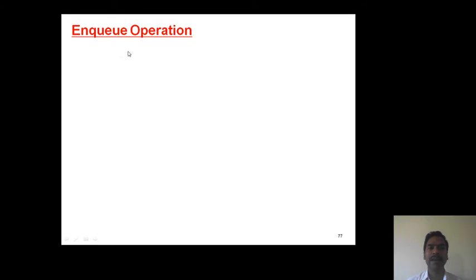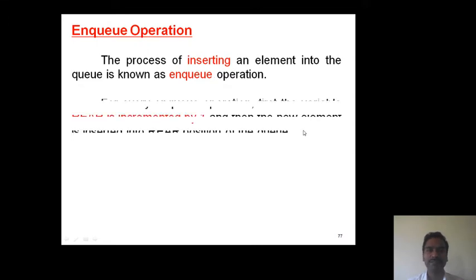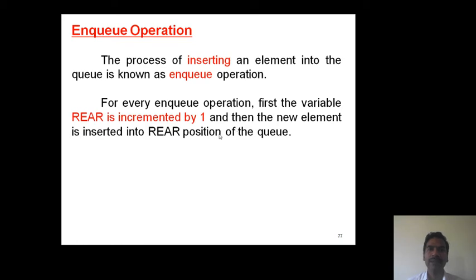First one, enqueue operation. The process of inserting an element into the queue is known as the enqueue operation. So enqueue operation refers to insertion operation. For every enqueue operation, first the rear variable is incremented by 1 and then the new element is inserted at the rear position of the queue.